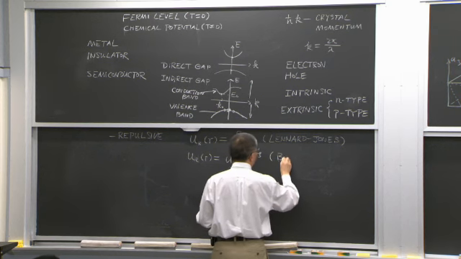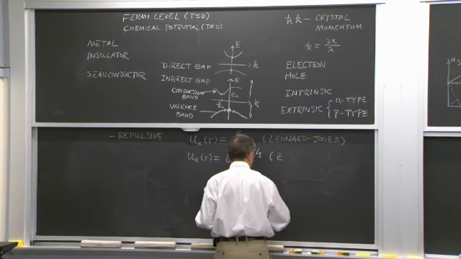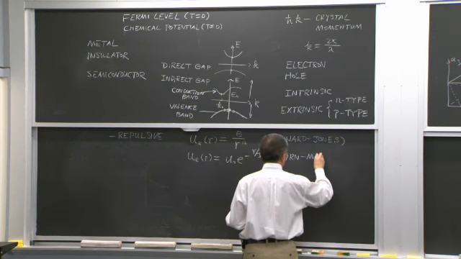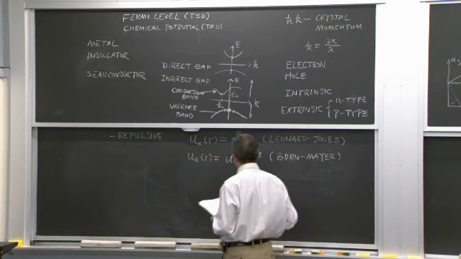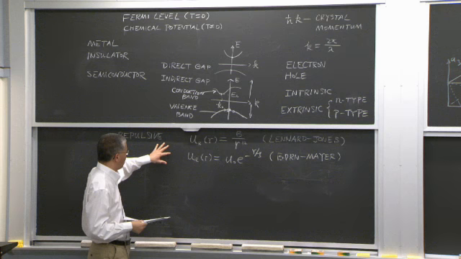And this is Born-Mayer. So that's the typical form that people use to describe the repulsive potential.